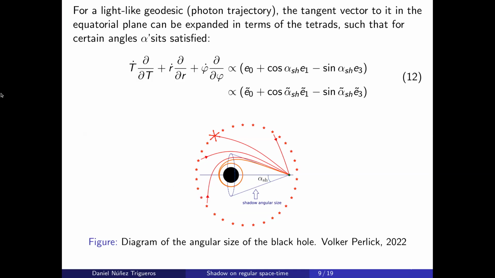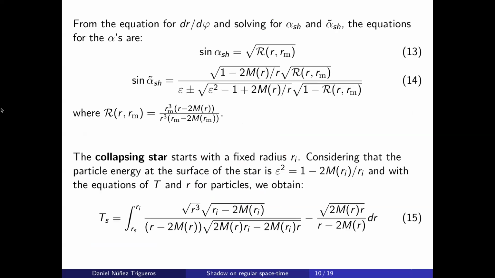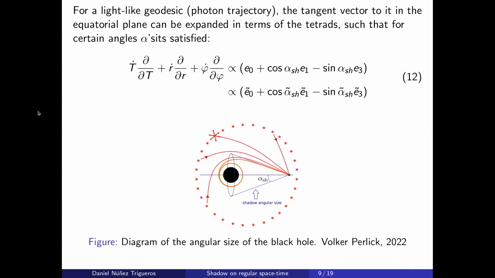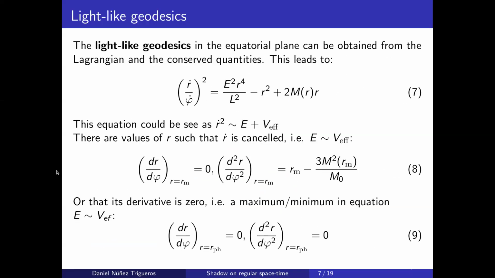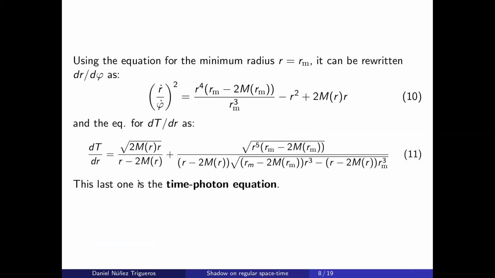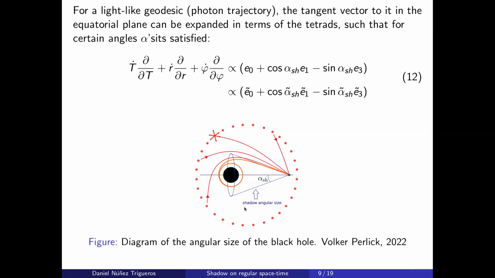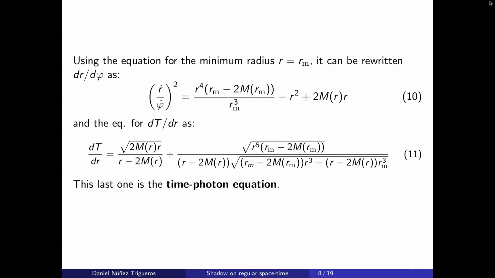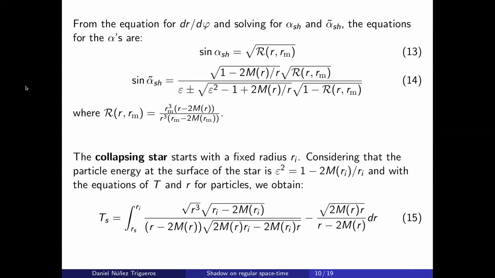So we have expression 12 making this comparison, and using again this equation, you could arrive at an equation in terms of the size of the shadow and the minimal radius and the coordinate radius in general. So we arrive at 13 and 14.